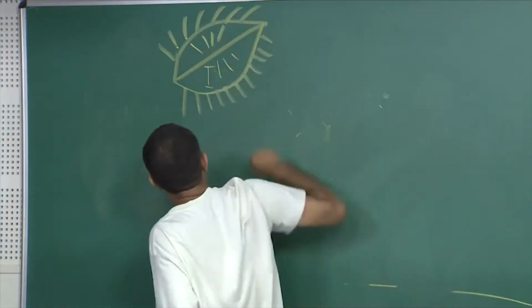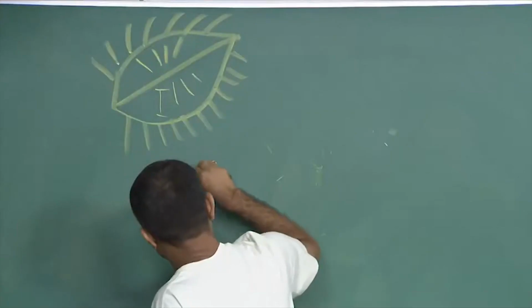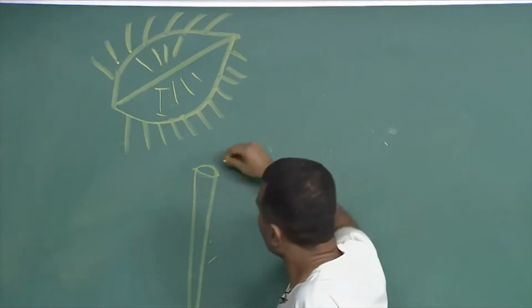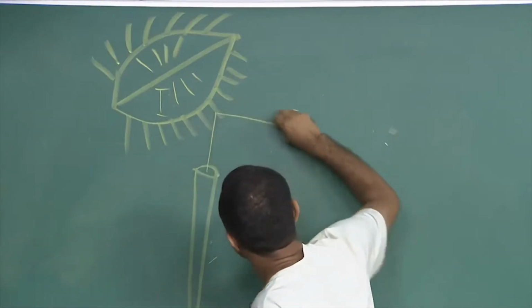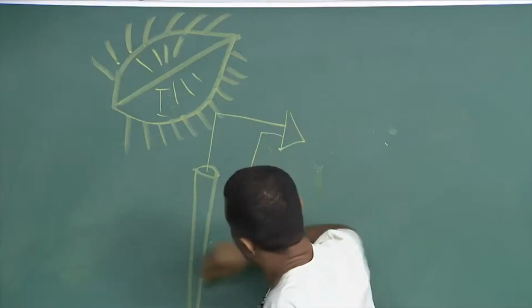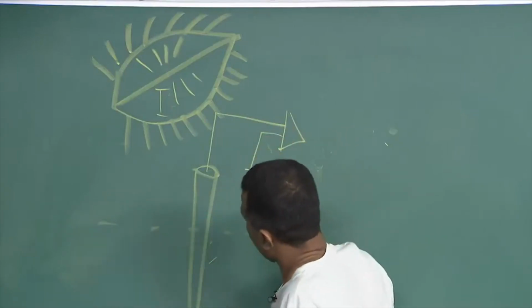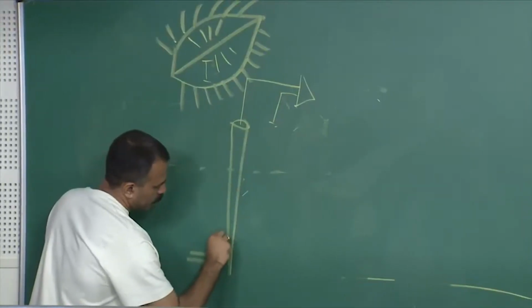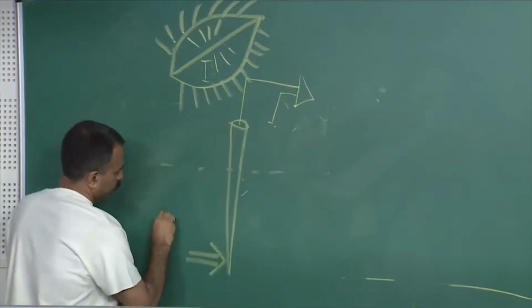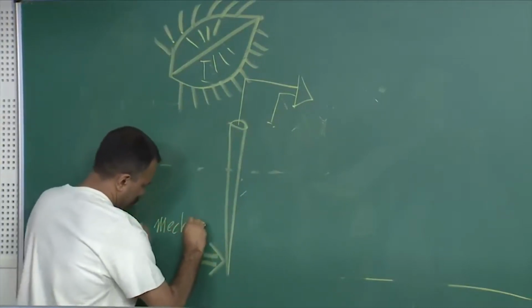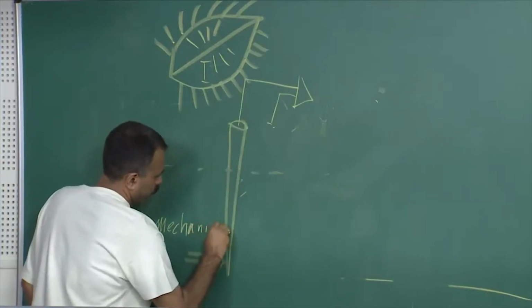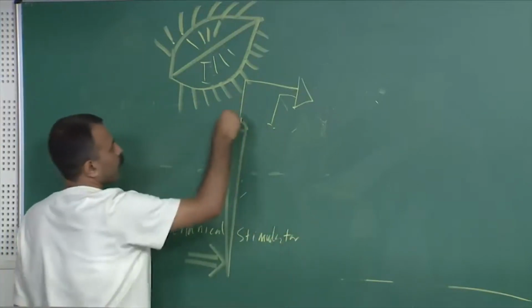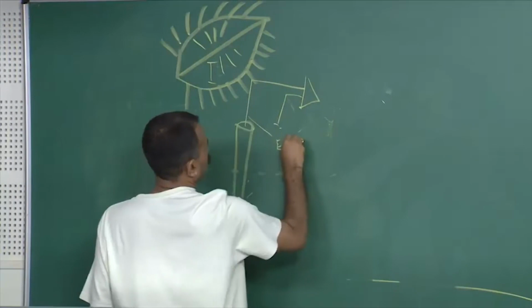Now, you remove a specific spine like this. Now, what do you do? You insert an electrode out here. You can keep it in. And you have a mechanical stimulator which is hitting on it. And this is your electrode.